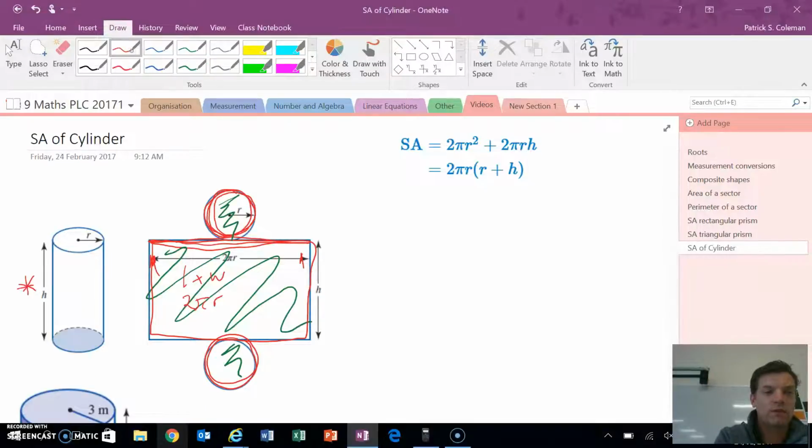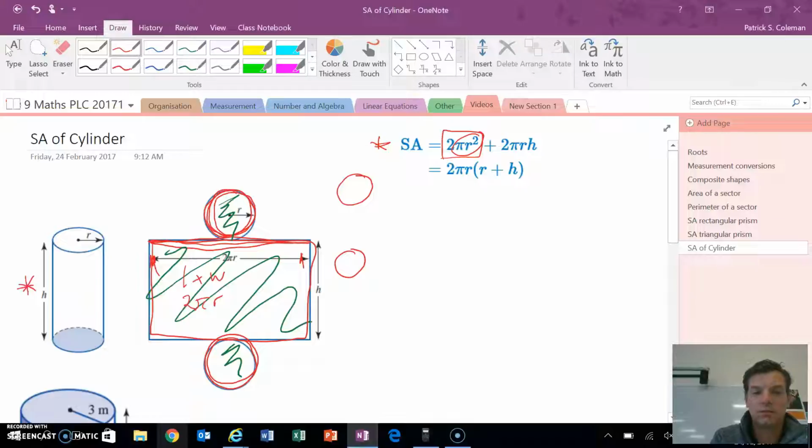So moving on to our formula up the top here for surface area, we've got 2 pi r squared. So what that's saying here is that 2 pi r squared relates to finding the area of the circle. And the reason we're timesing it by 2 is we actually have two circles.